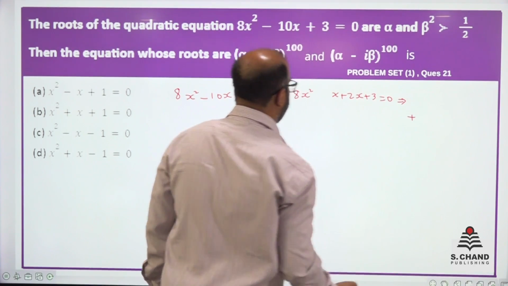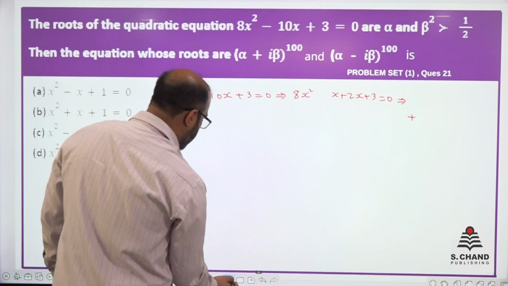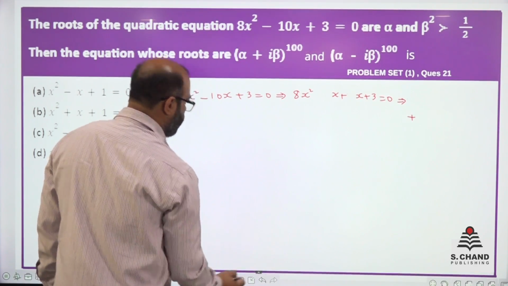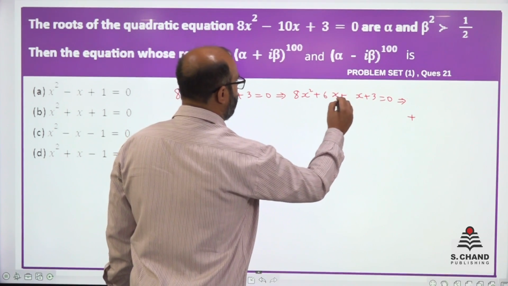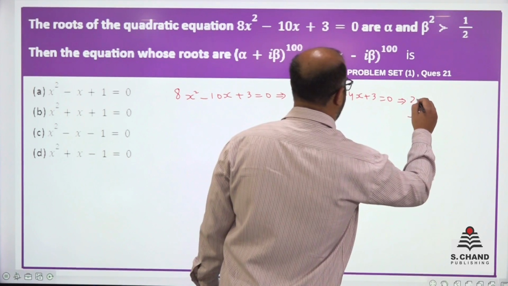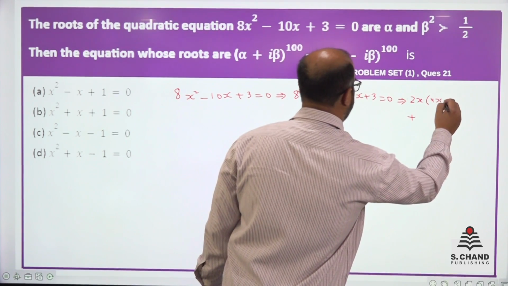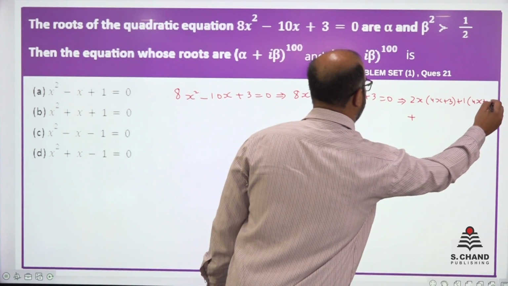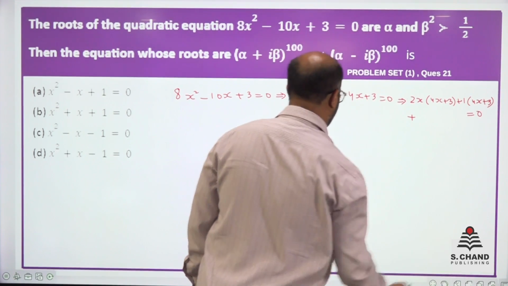So for addition, the splitting will be 6 and 4. So 8x square plus 6x plus 4x plus 3. This implies 2x common, 4x plus 3, plus 1 common, 4x plus 3 equal to 0.